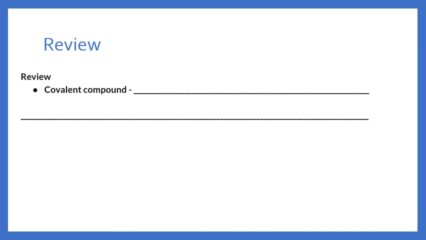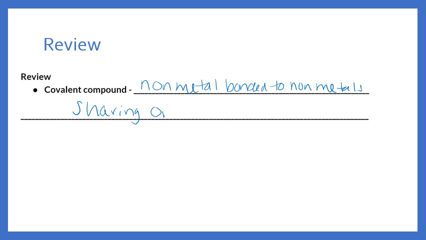So since we are naming covalent compounds, I thought it'd be beneficial to review what a covalent compound is. And again, it is a nonmetal bonded to nonmetals. Okay, and it's a sharing of electrons.